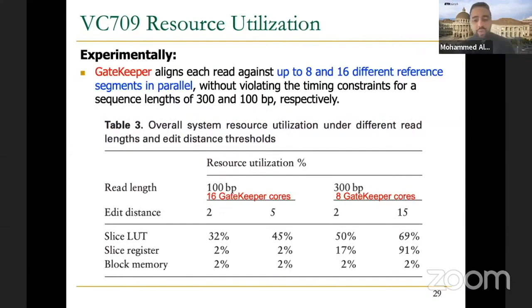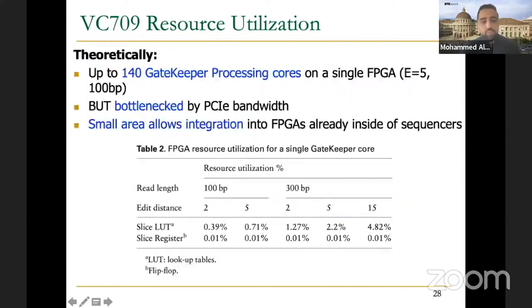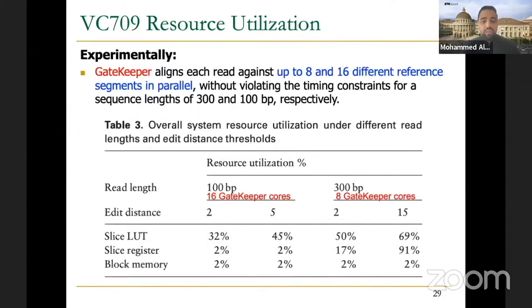Now, when we do the experiment, this much how we can fit or we can use in the lookup table. When I was talking about when you have 1% of utilization, you can fit 100 of these replication, that is ideal. But when it comes in practice, you may not be able to fit this many as the challenges I listed just earlier.